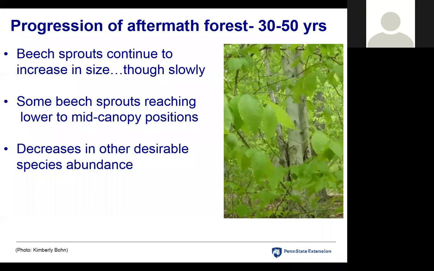And some of those sprouts now, if you're working in a forest that hasn't been managed, are going to get into these lower and mid canopy positions. And again, because the scale and nectria are present in very low level populations, they do eventually succumb to the disease, but more slowly. So now we have beech not only in the understory, but reaching mid-story sizes as well. This obviously has a pretty significant impact on desirable species and their development in that stand.